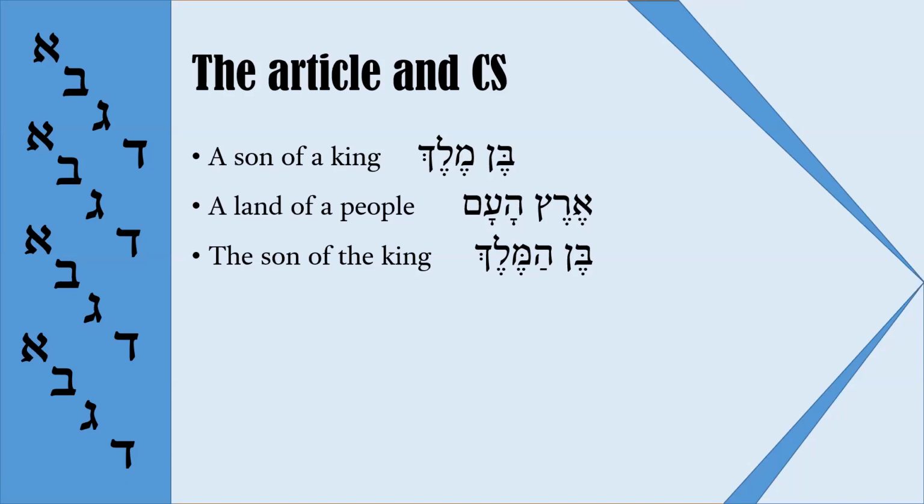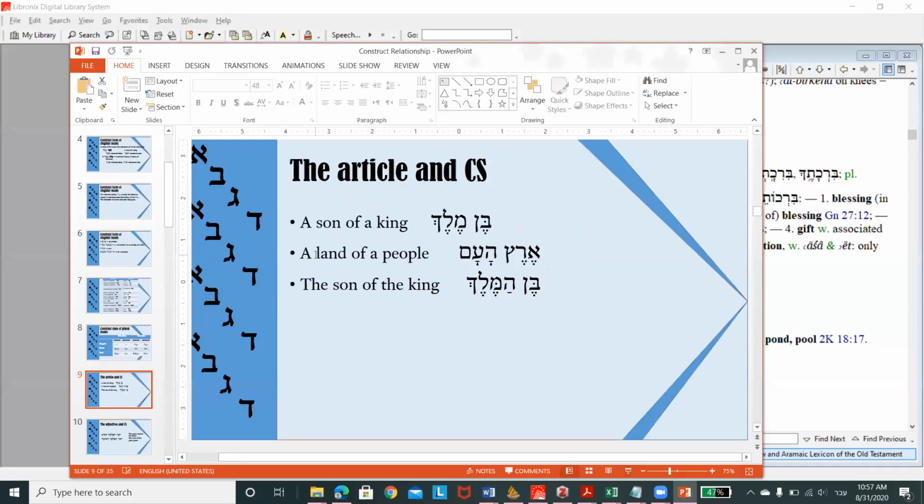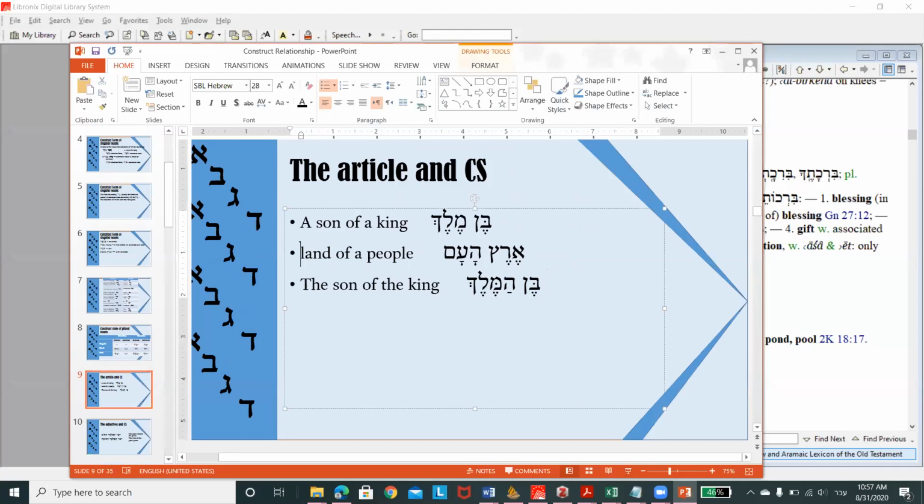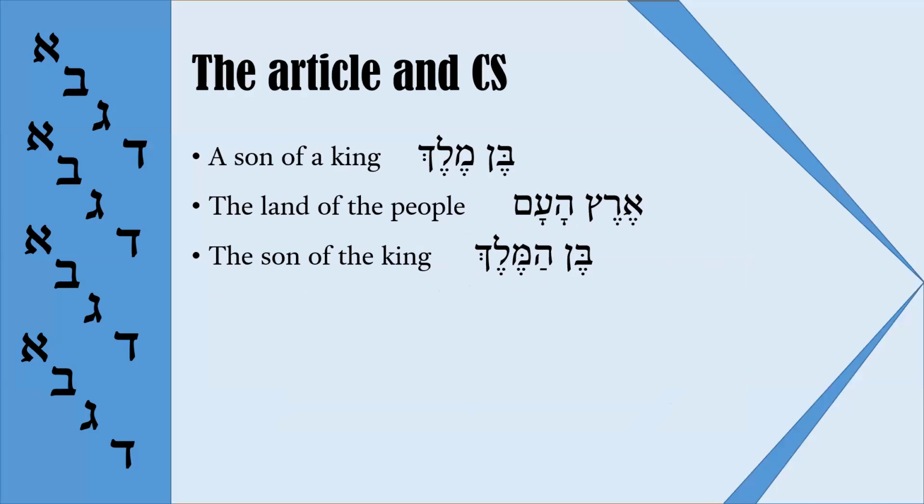Yes, Pastor Poswa? What is the question? I see here Eretz Ha'am. Is it not supposed to be the land of the people because there is the definite article there? Correct. Thank you very much. Can you see it now?